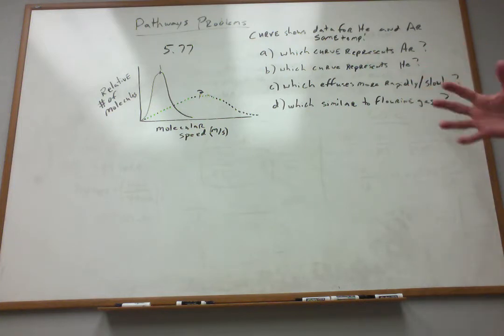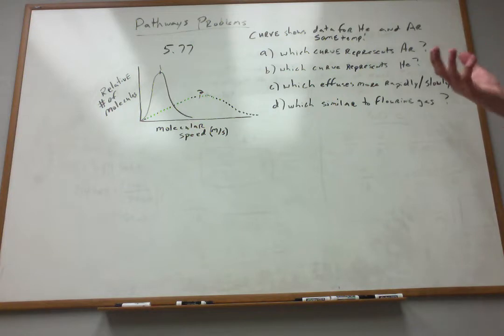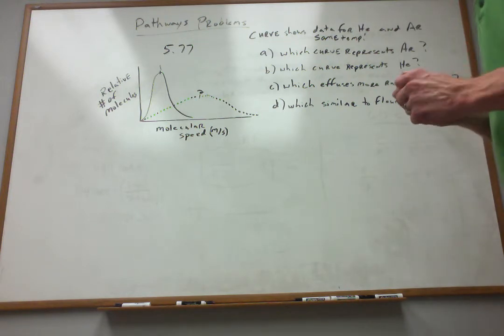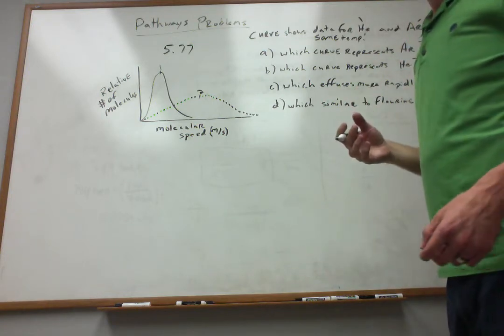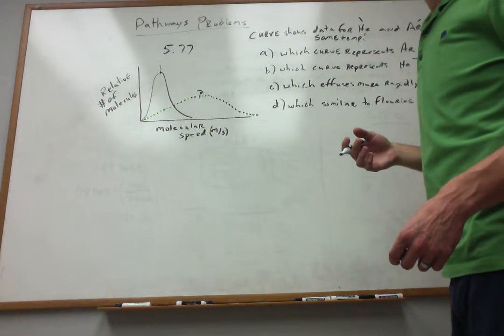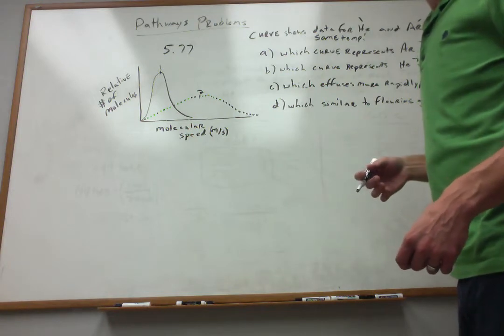So which curve represents argon, curve 1 or curve 2? And how do we know which curve represents helium? Well, what do we know about these two gases? One, helium and argon are both considered inert gases, right? They're both in that last column on the periodic table.